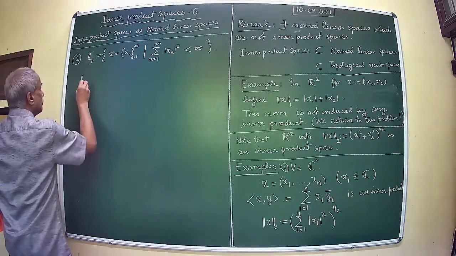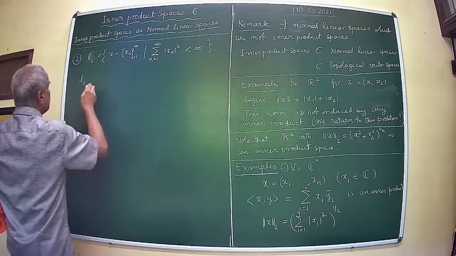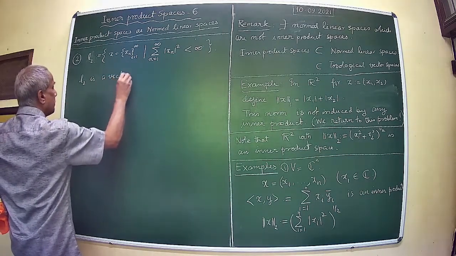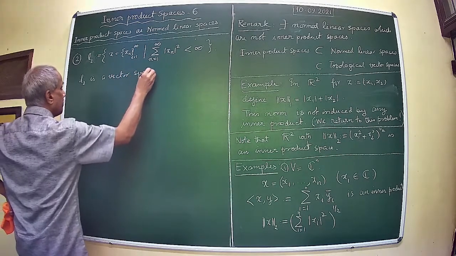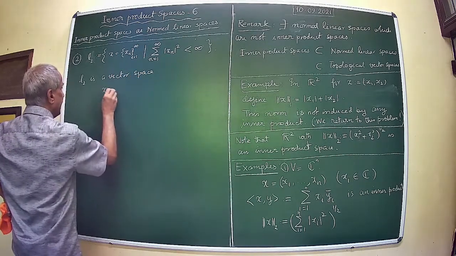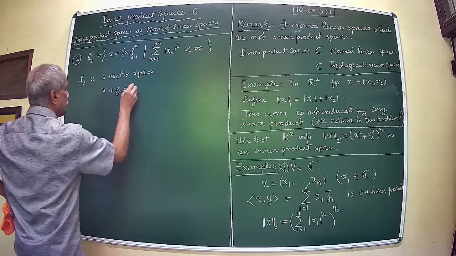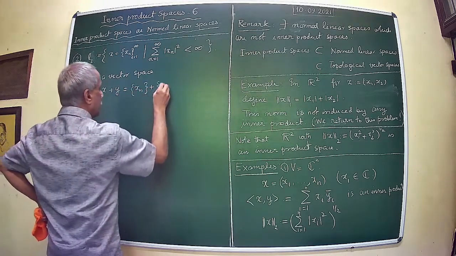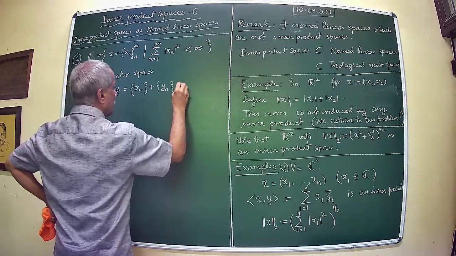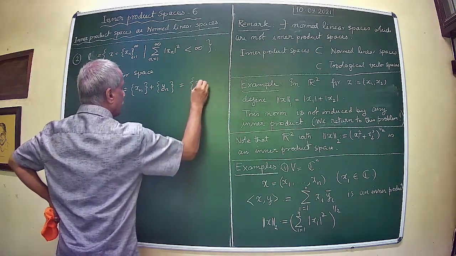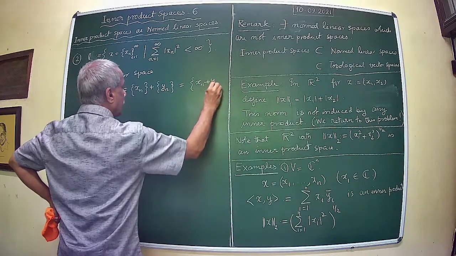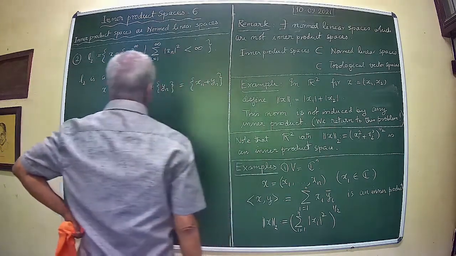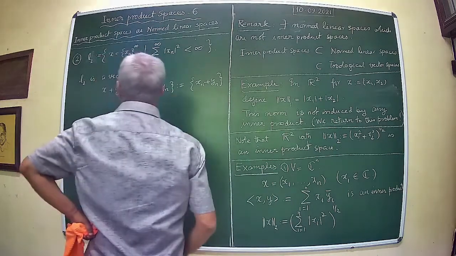Now L2 is a vector space where you define x plus y as this is the definition.